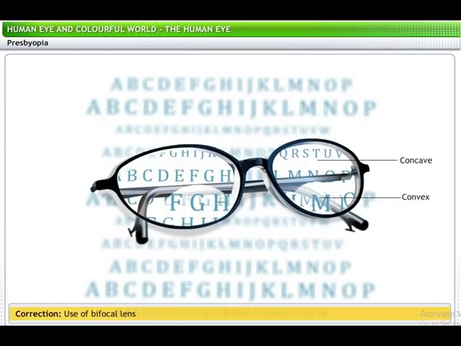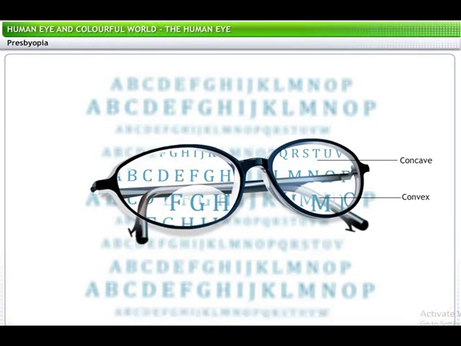To correct presbyopia, a bifocal lens is used. In a bifocal lens, the upper part is a concave lens to correct myopia, and the lower part is a convex lens to correct hypermetropia.